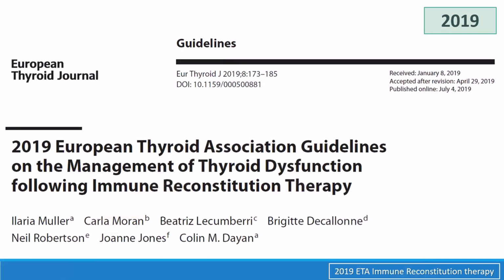So I will move to the European Thyroid Association guidelines on the management of thyroid dysfunction following immune reconstitution therapy. Nowadays, in the exam they usually give a question about this.